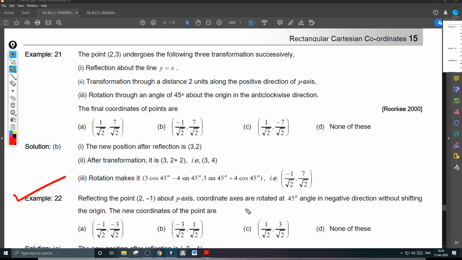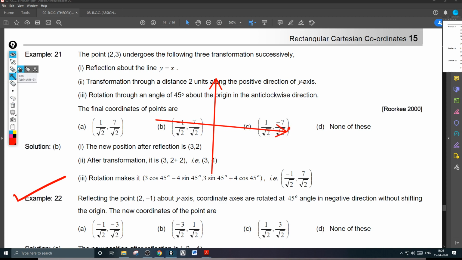Now here we will understand whether his answer is correct or our answer is correct. Because here, reflecting the point 2, minus 1 about y-axis is saying, if this is y-axis, this is x-axis, what is the point given there? 2, minus 1.